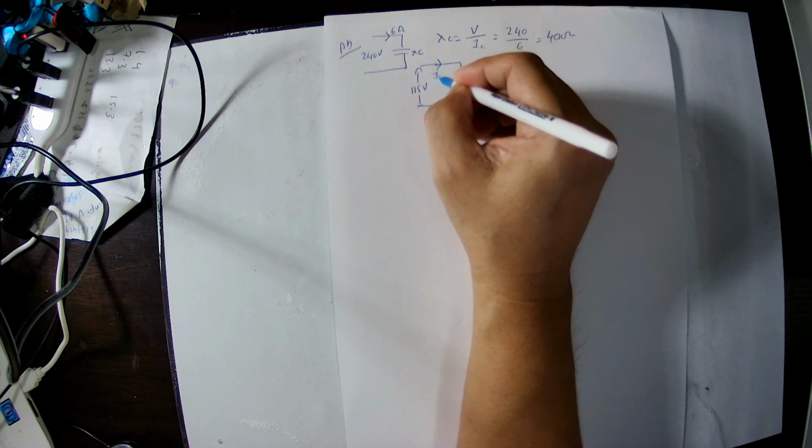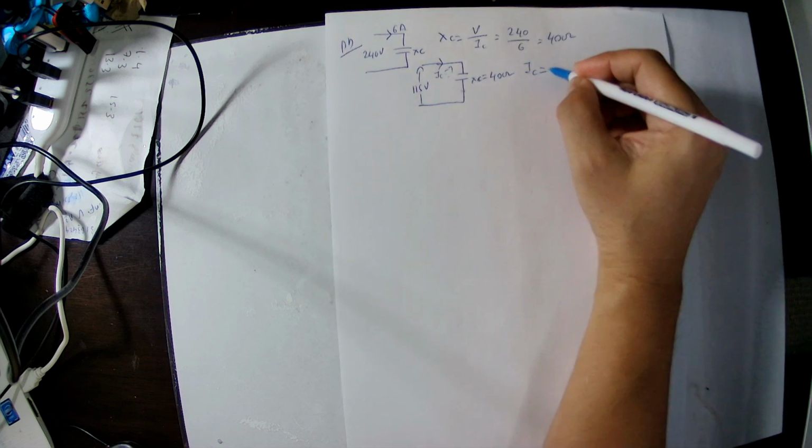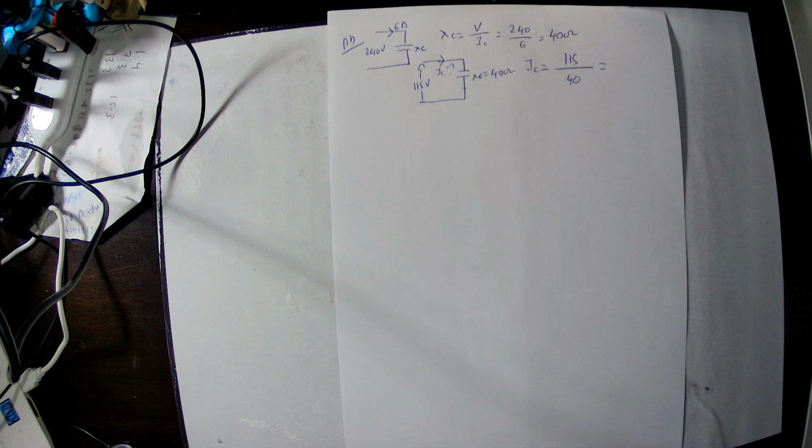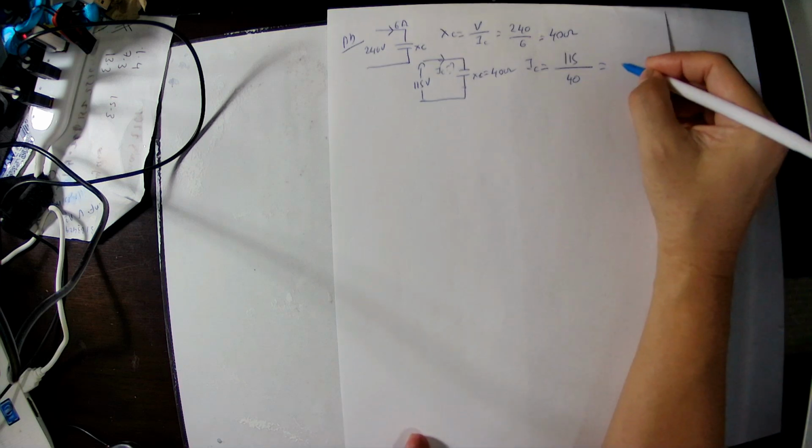So Ic can be calculated as 115 supply voltage divided by 40. 115 divided by 40, so it will be 2.875 ampere. So the current we can calculate like this.